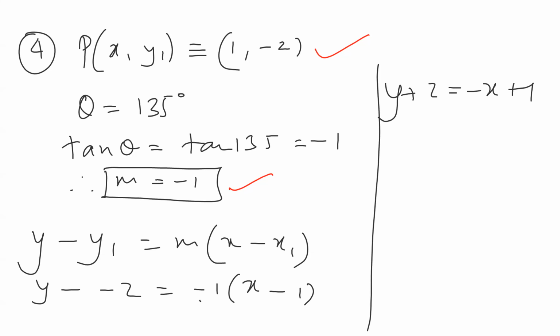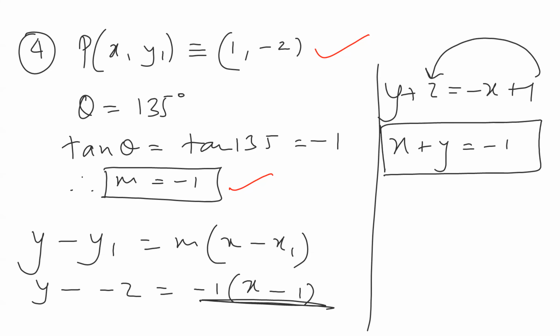Just open this bracket, you'll get minus x plus 1 over here. So x plus y is equal to 1 minus 2, that is minus 1. So this is the required equation of the line. Fine. So this was the fourth problem. Let us go to the fifth problem.